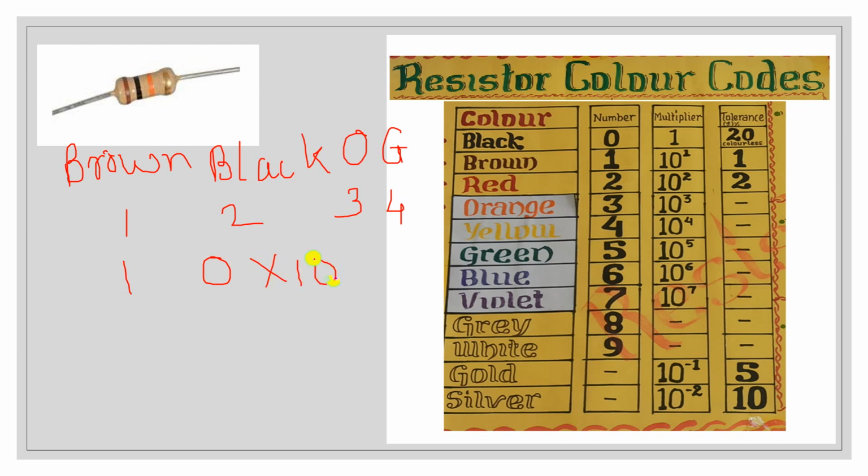The multiplier of orange is 10 raised to 3, and the tolerance of gold is plus minus 5%. 10 raised to 3 means kilo ohm. The resistance value is 10 kilo ohm, with a tolerance of plus minus 5%.